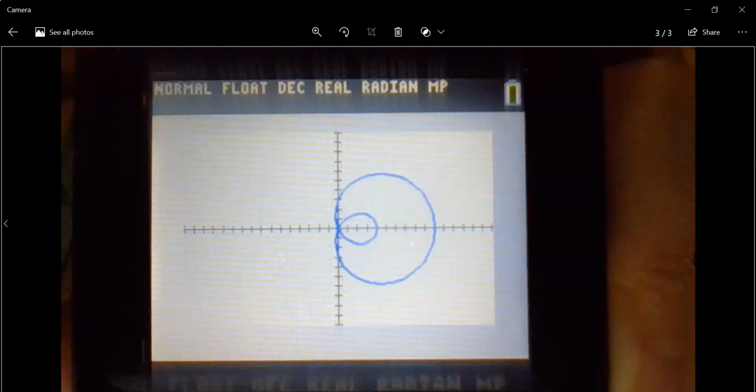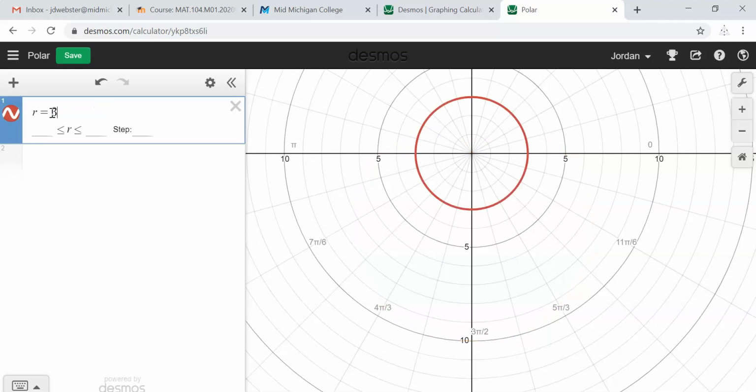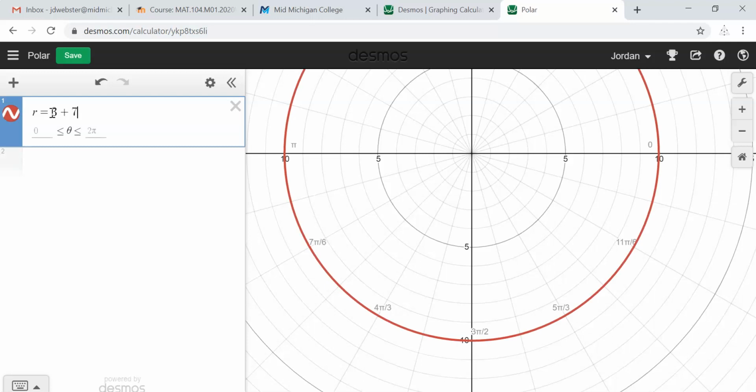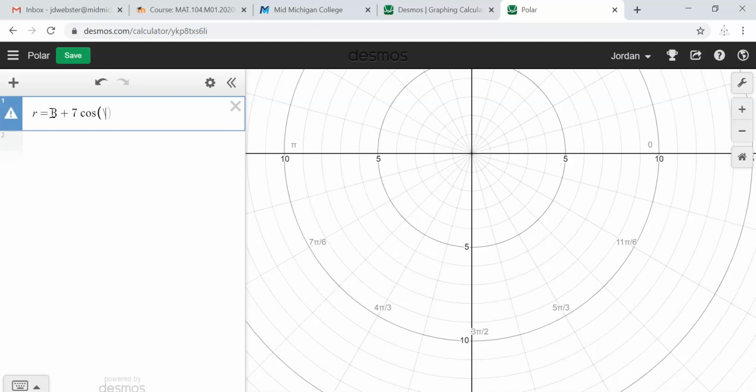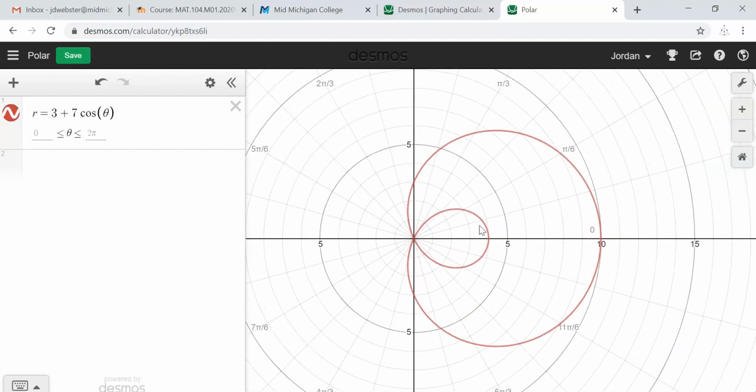Now you can also graph using things like Desmos. So r equals 3 plus 7 cosine theta will absolutely graph in Desmos as well. I've done that in polar, and you can see the limacon there.